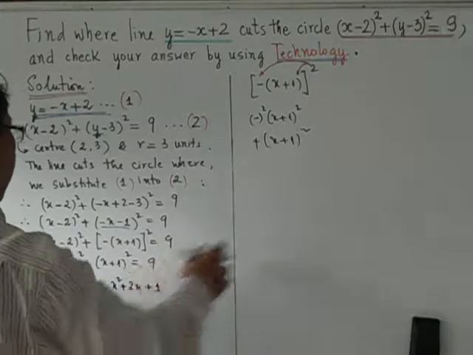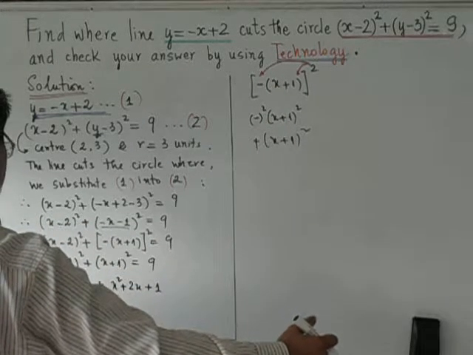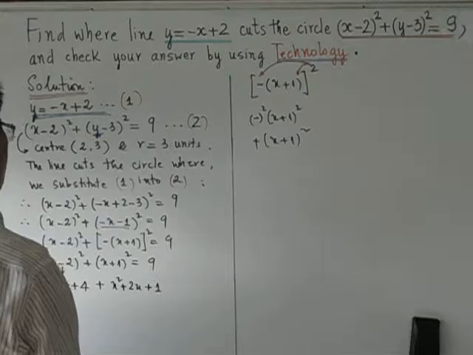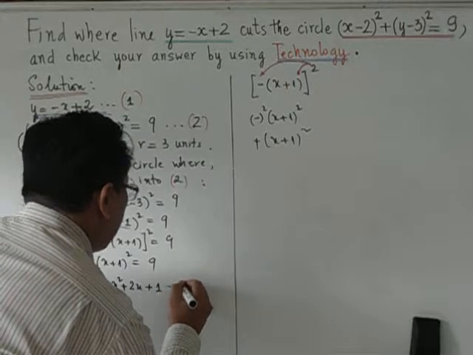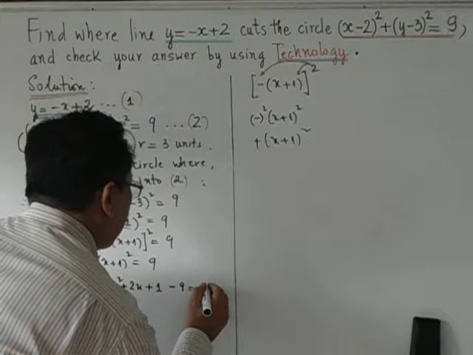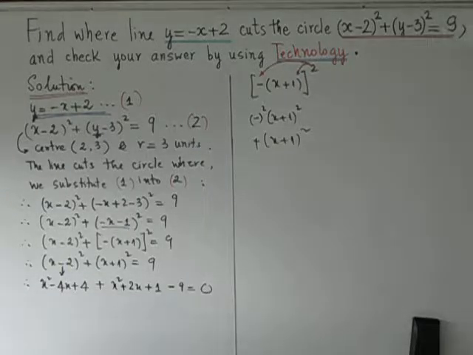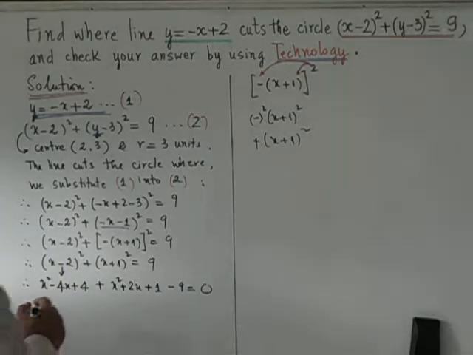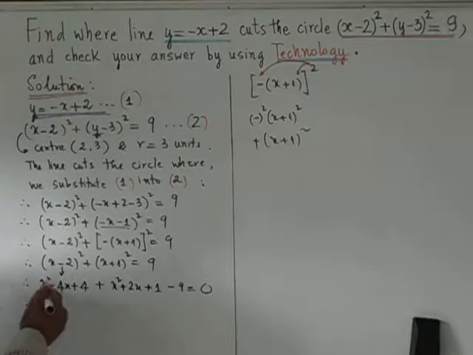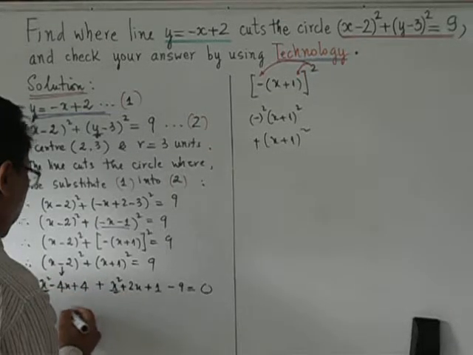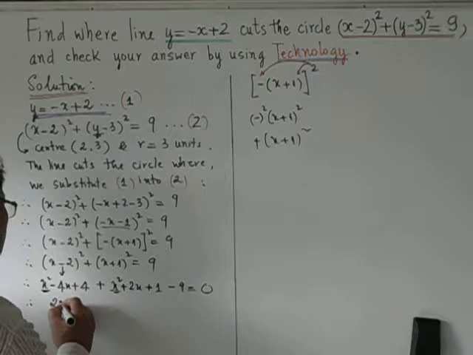And number 9 from the right-hand side we move to the left-hand side, becoming minus 9, equals 0. So we have x power 2 plus x power 2, which gives 2x power 2.